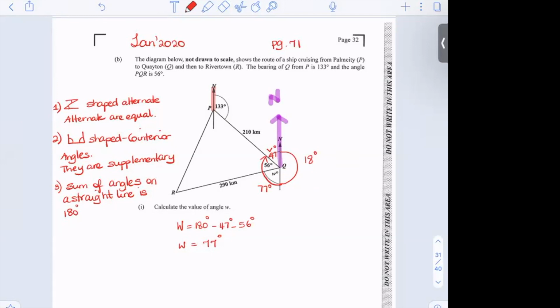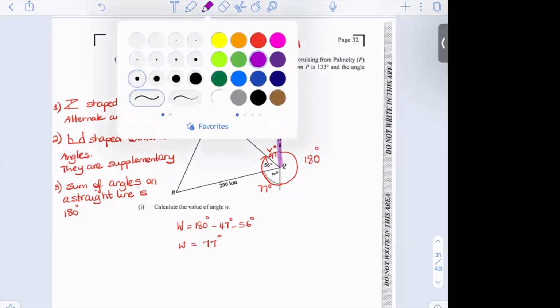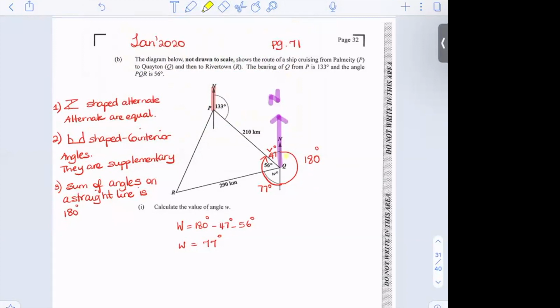Miss, we have to add. Yes, you have to add. That's 180. 180 plus 56 plus 77. That is the bearing.